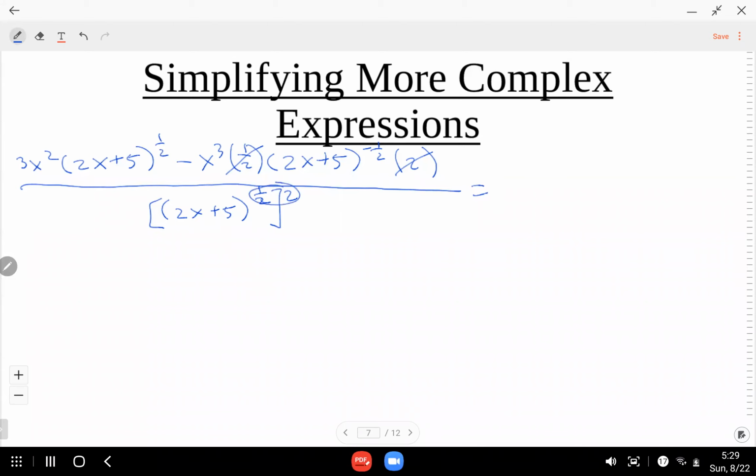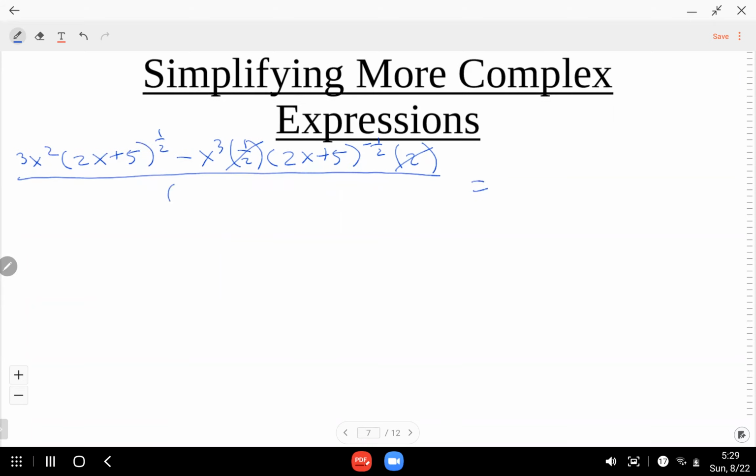That's just to the first power. So the bottom is just going to be 2x plus 5. All right. So what are some methods we can use? Here's the first method, and to be honest, it's kind of stupid. But we need to do this in order for you to understand that this is a stupid method.